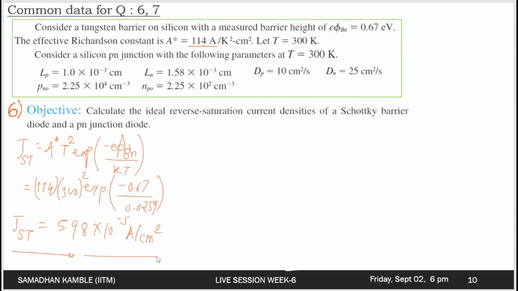So this is the reverse saturation current in the Schottky diode.